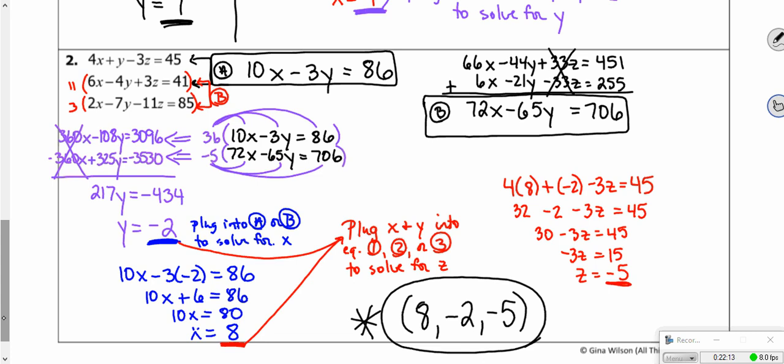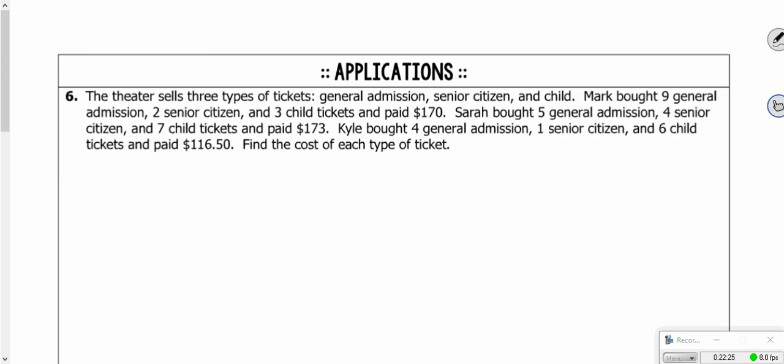Okay, let's jump over and do an application problem. Second page. Actually, I should say the front of the second page. Okay, number 6 here. The theater sells 3 types of tickets: general admission, senior citizen, and child.